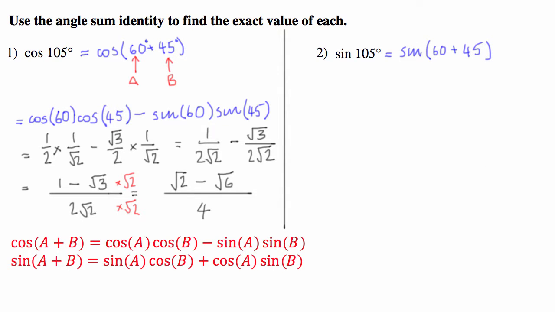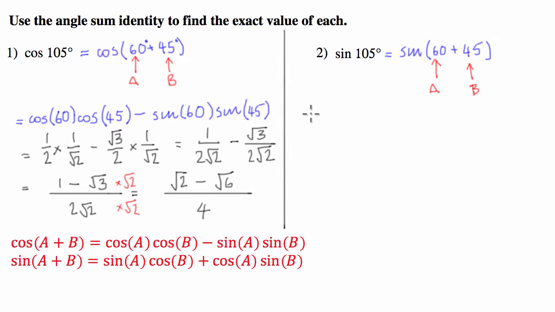Again, we're going to recognize that this in our identity is going to be A, and this in our identity is going to be B. Once we have those, it's simply a plug and play. We're just going to plug in those numbers into this identity, which you will be expected in some higher level geometry or calculus classes to know. You're simply going to plug in these numbers for where the A's and the B's sit inside the identity.